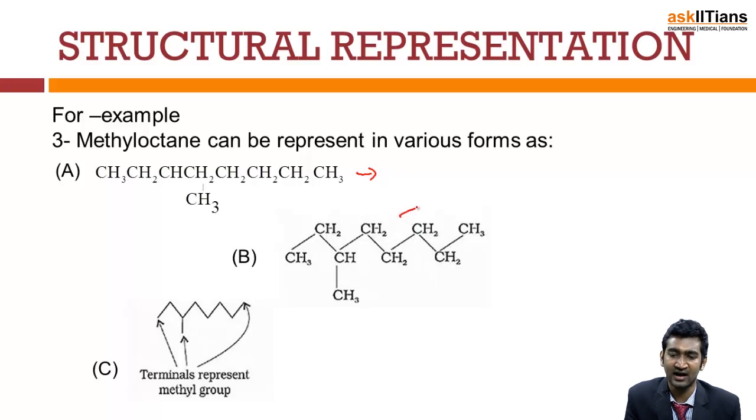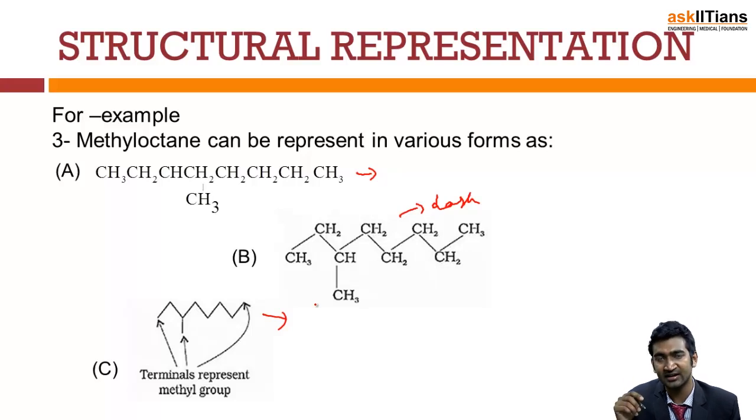This one I have proper dash in between. And this one I don't even represent the CH3 or CH2 there. I already mean it. If it is a single one, that means I have a carbon present there, a free terminal one. If I have hydrogen there, then I will represent that H is present there. Otherwise it is a carbon.